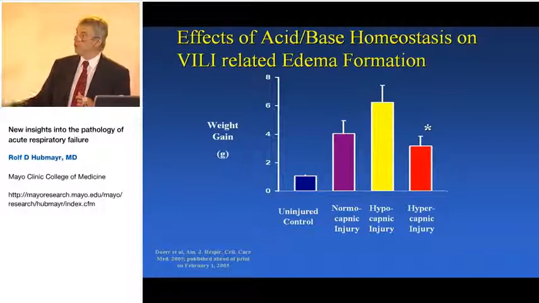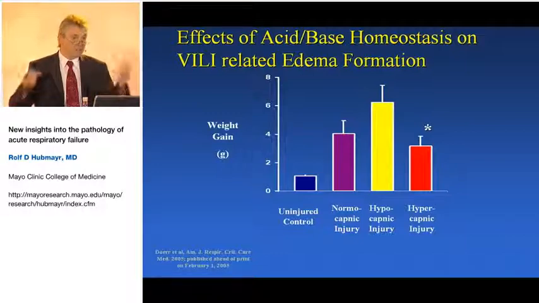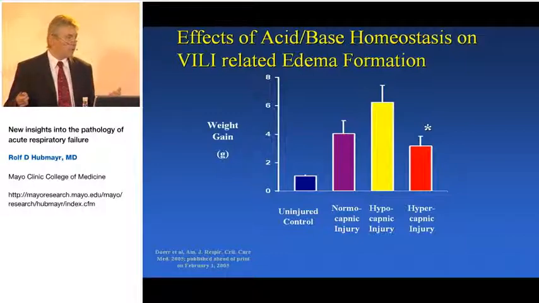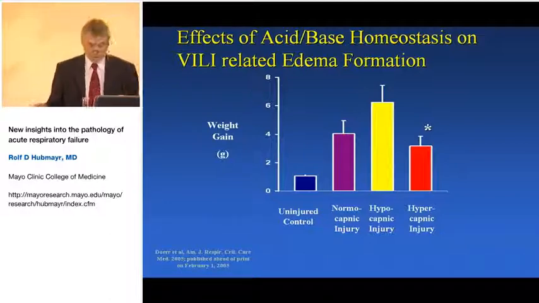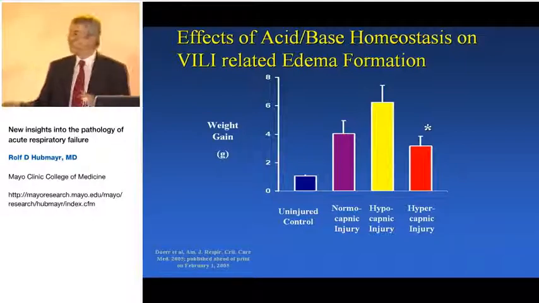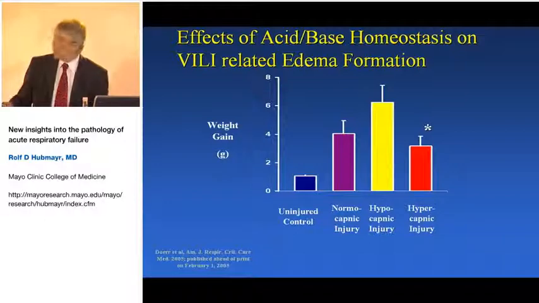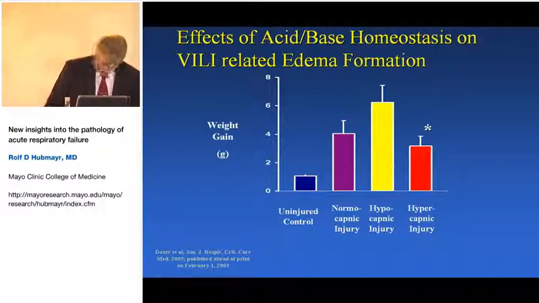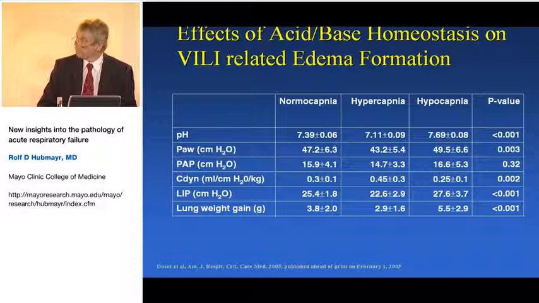And when you do the experiment under hypocapnic condition, and ventilator-induced alkalemia is not all that uncommon, you get a lot of edema. So if edema is your endpoint of injury, this is good, and this is really bad, and this is in between.